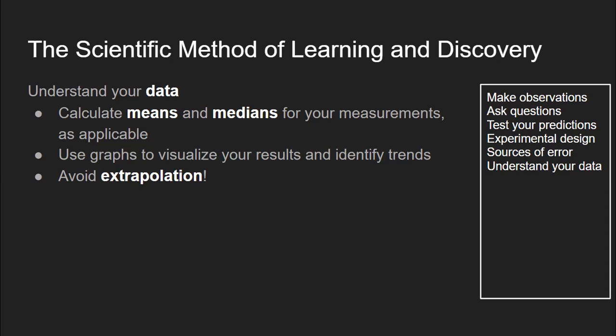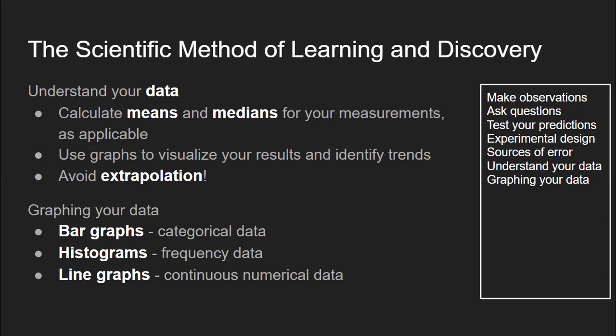Okay. So to know which kind of graph to use, you have to look at what kind of data you have, because you want different kinds of graphs for different kinds of data. Bar graphs are going to be used when you have categorical data. That's where your data has values that are words.